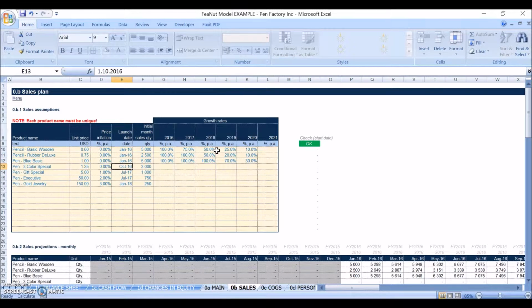Then in October 2016 we will launch a 3-color special product line. By the end of 2016 we, let's say, expect a 50% growth rate, and then this will be slowing down every year by 10%.